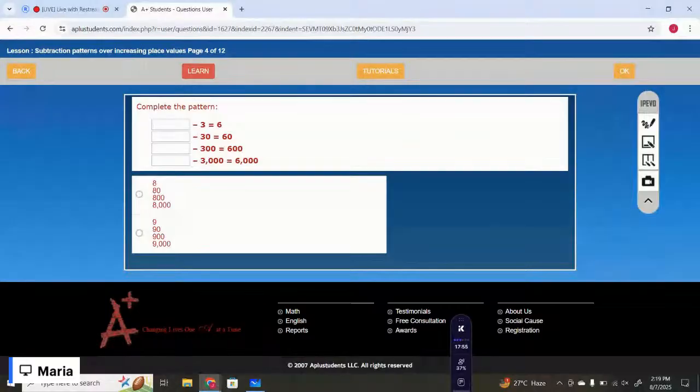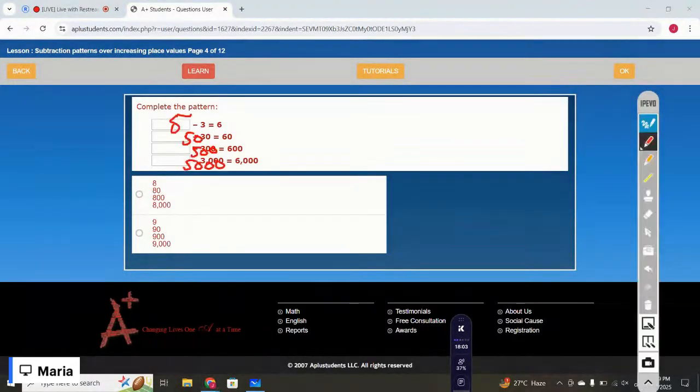Complete the pattern. So what number minus 3 is 6? What number minus 30 is 60? 9 minus 3 is 6. 90 minus 30 is 60. 900 minus 300 is 600.